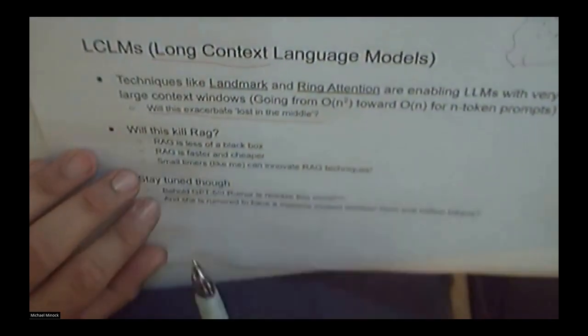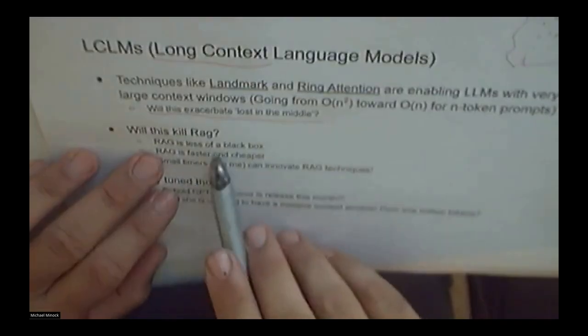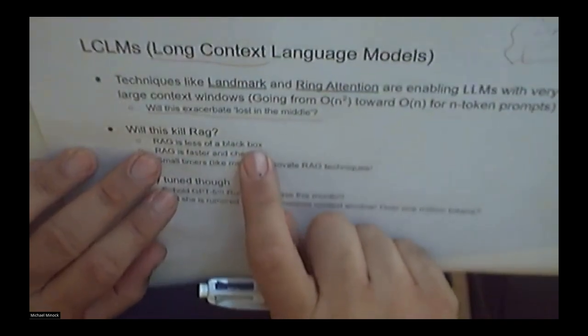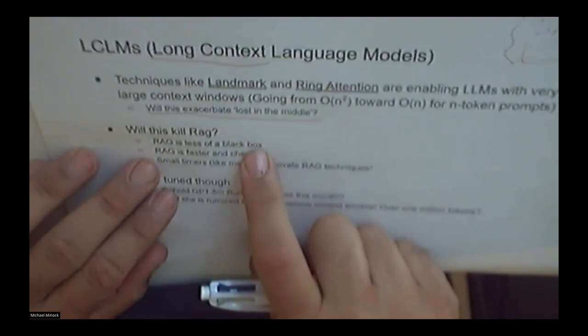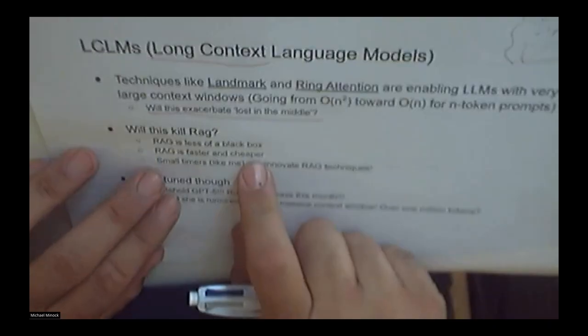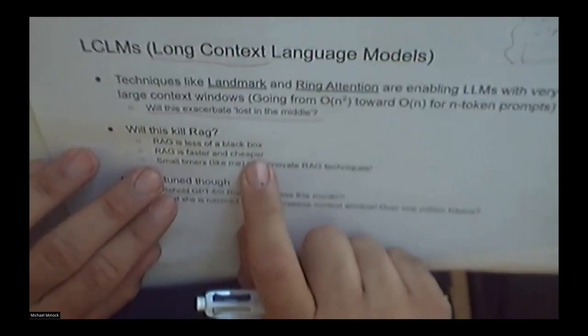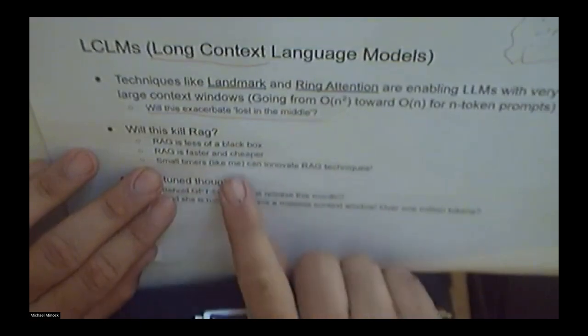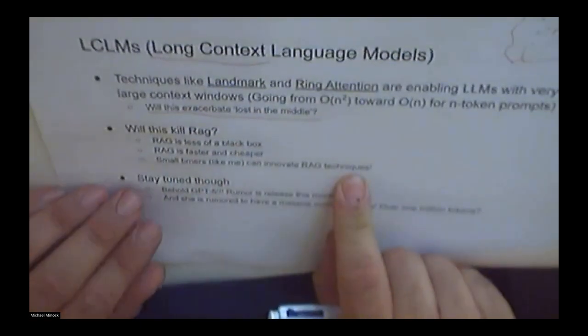So I don't think it'll kill RAG, because RAG is a lot less of a black box, so we actually have control. Us small timers have a chance to get in there, fiddle with the thing, and use our ingenuity to solve things. It's faster and cheaper, especially if you have Ollama going, because you can run it all locally. And small timers like me can innovate RAG techniques.